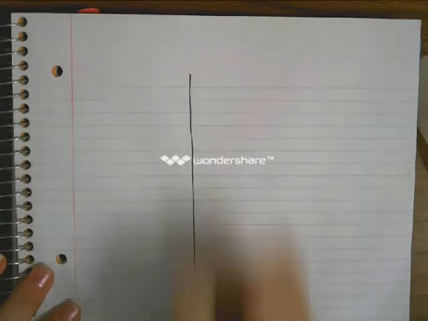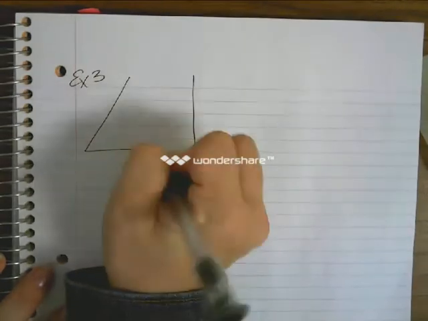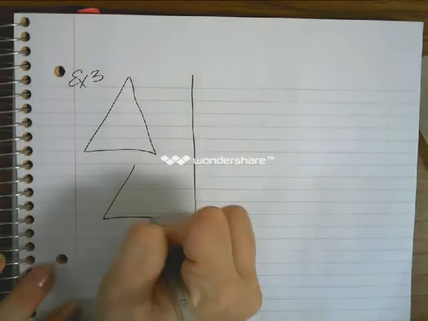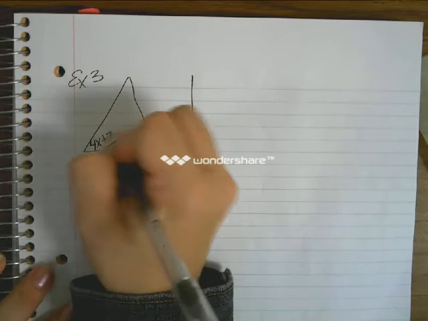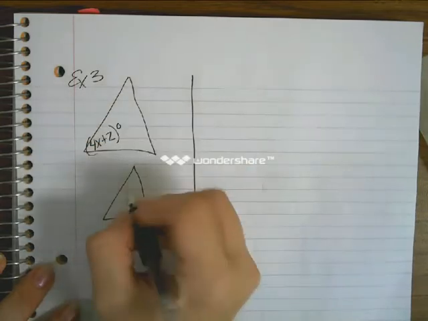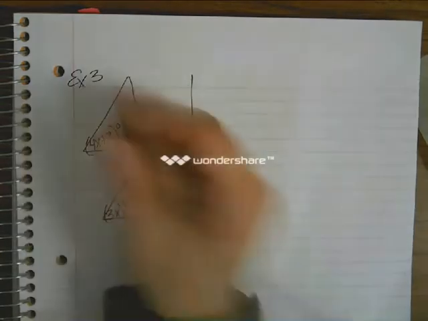Like I said, most of this stuff is pretty simple, so we're gonna go through it pretty quickly just so you have an idea of what's going to be happening. Example 3. In this example, you are going to be told that the triangles are similar, and you're going to be asked to solve for X. One thing you need to know about similar triangles: if they got bigger or smaller, did their angles get bigger or smaller?